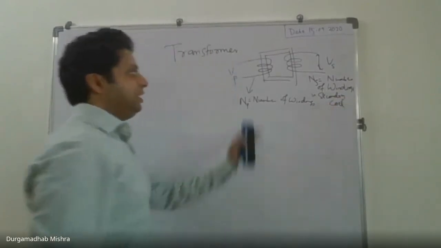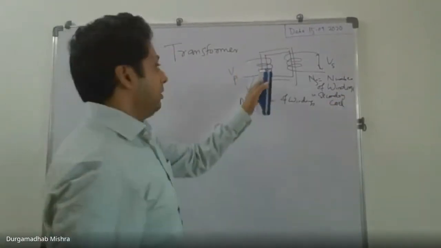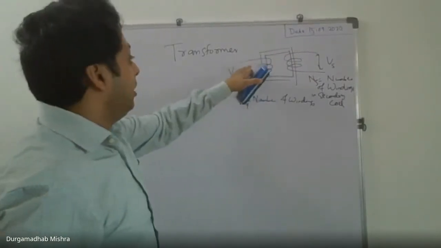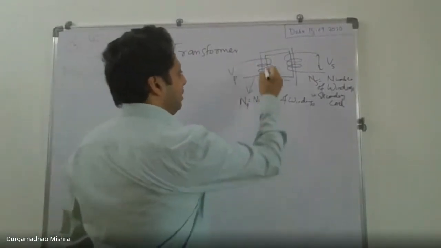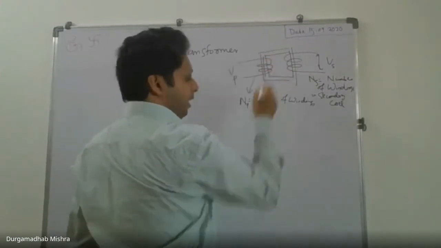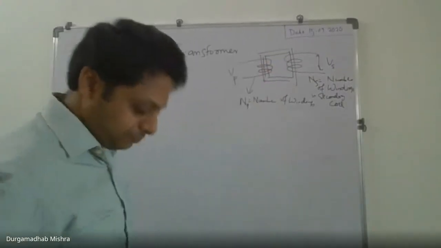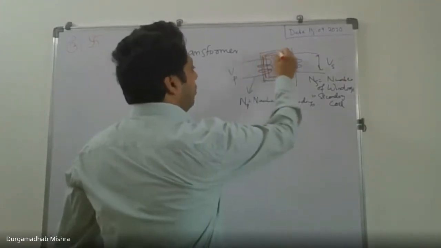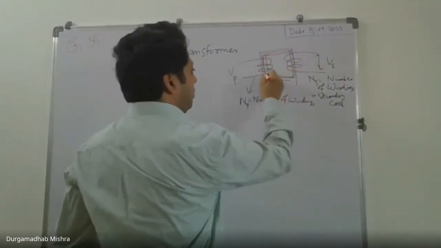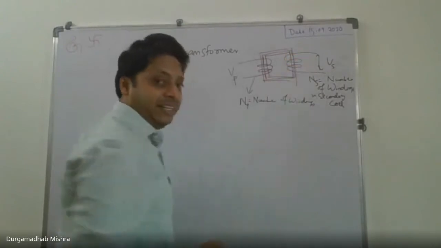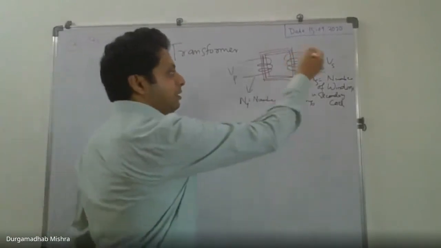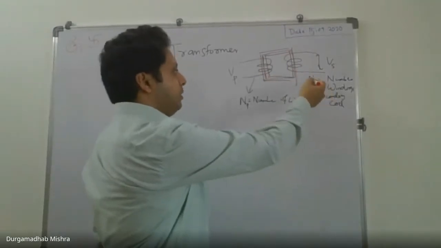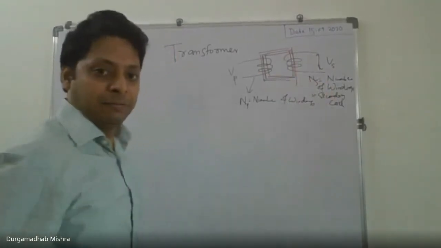So what is the basic principle? You have a voltage here, so that will induce a flux in your magnetic core, and this flux will connect to the secondary coil, and that will induce a voltage proportional to the winding number and the flux, right?